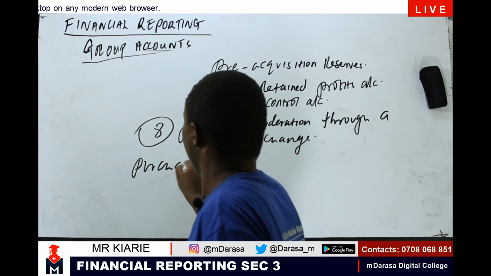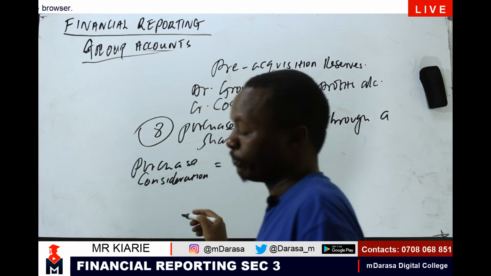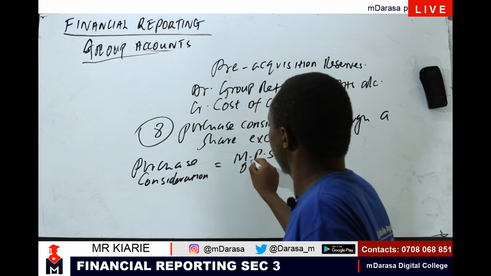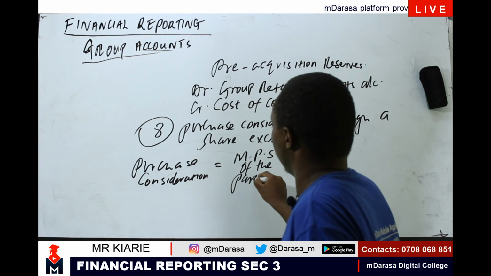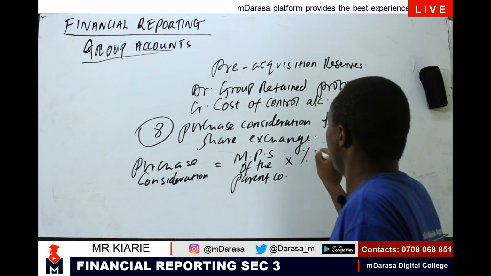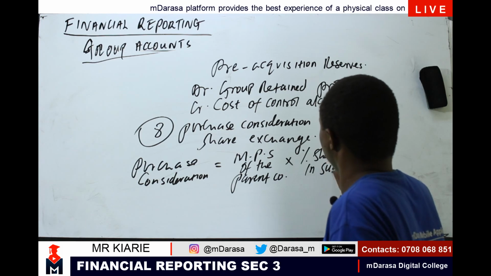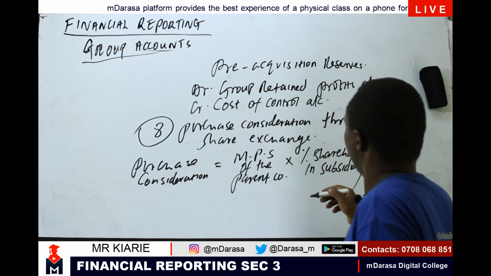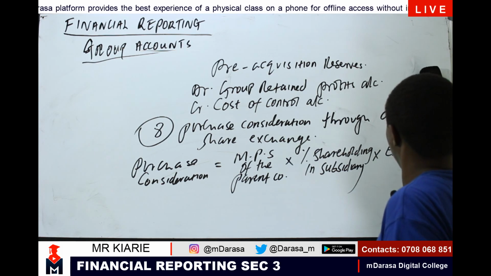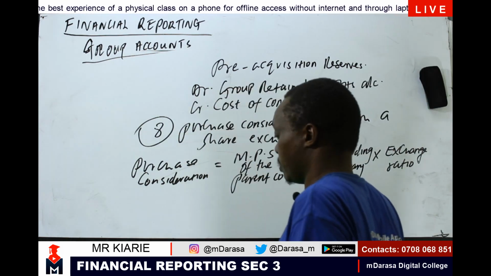Purchase consideration is equal to market price per share of the parent company, times percentage shareholding in subsidiary, times the exchange ratio.